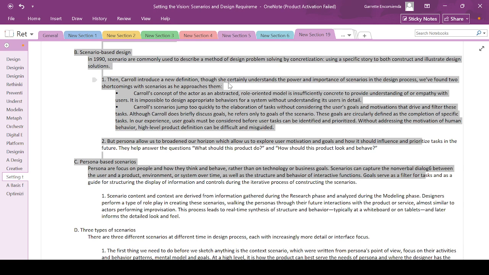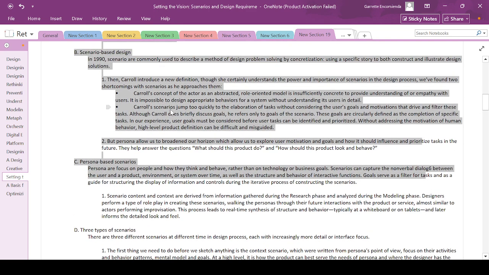So since 1990, scenarios have been used as a technique for design problem solving, using a story to both construct and illustrate the design solutions.